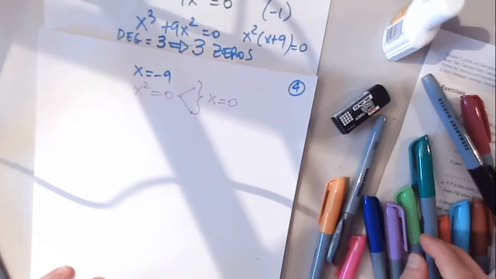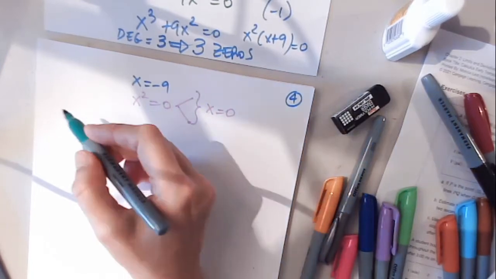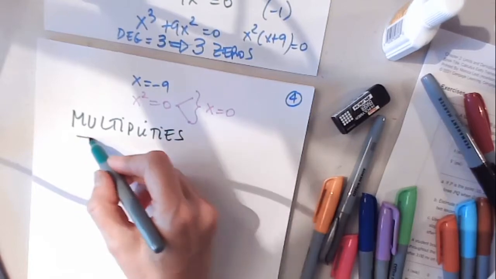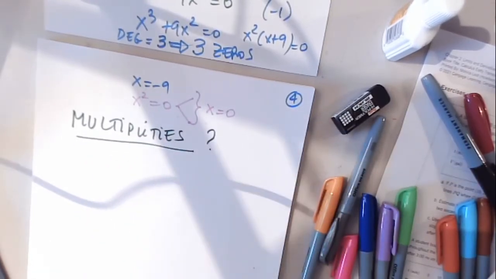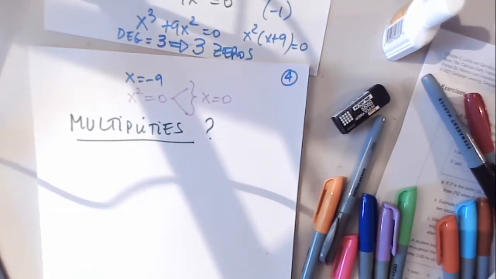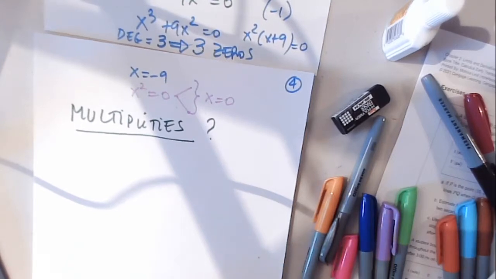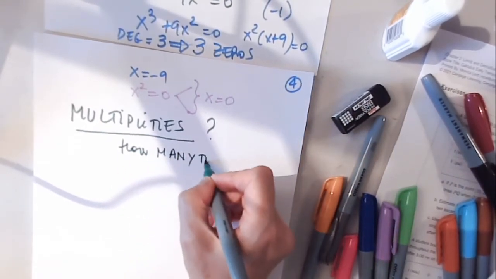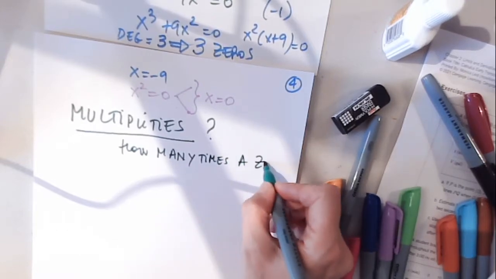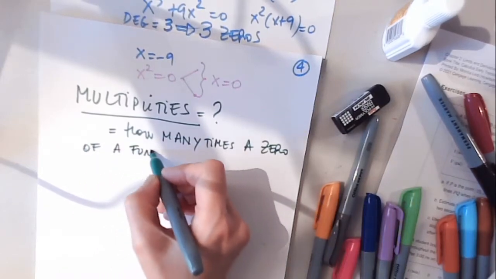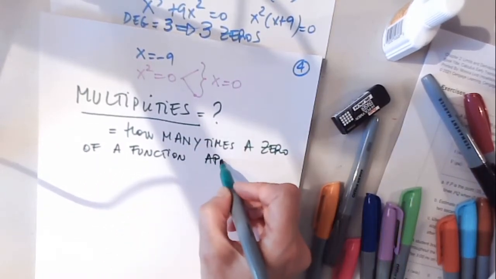The question is also asking us about multiplicities. Why are they important and what do they mean? So the multiplicity refers to how many times a 0 of a function appears.